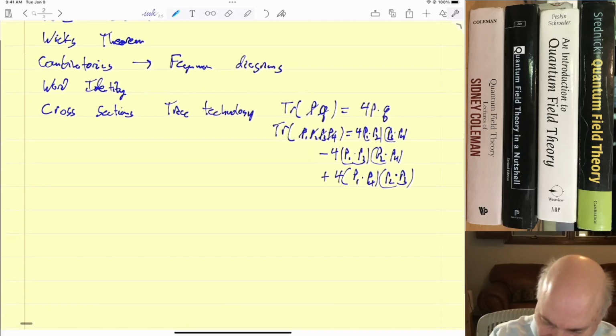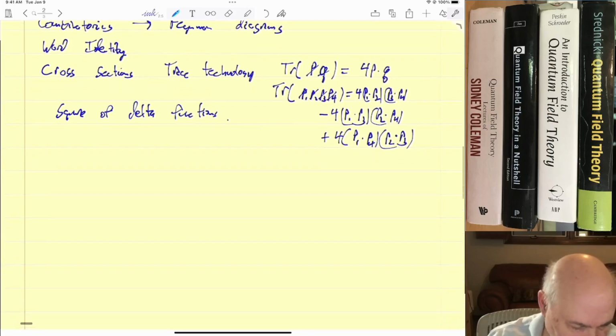You have things like you have to interpret the square of delta functions. And it's just a lot of work to get the final cross section and everything.